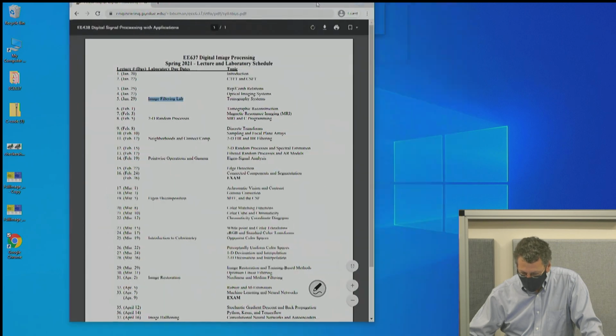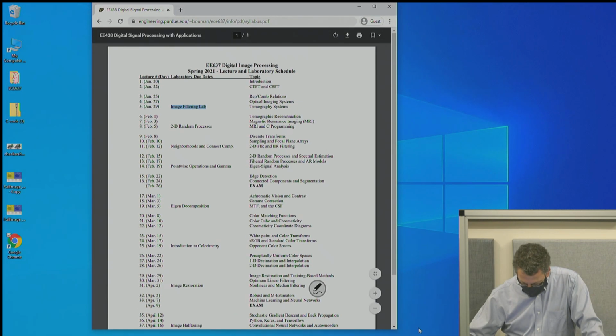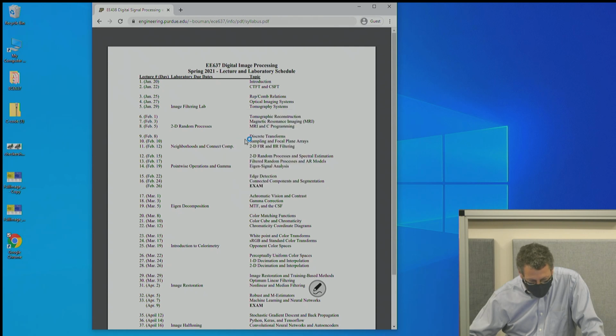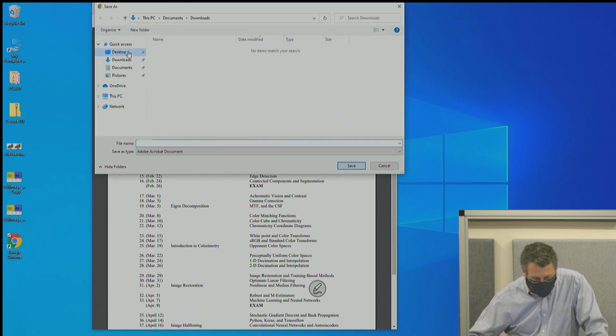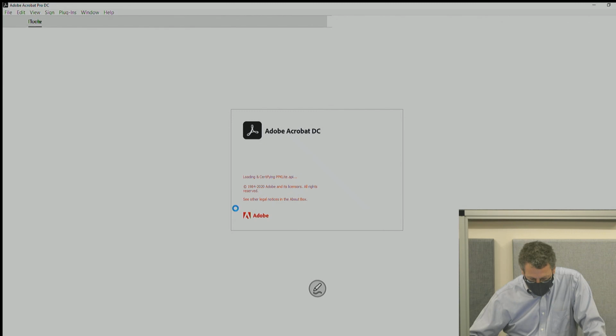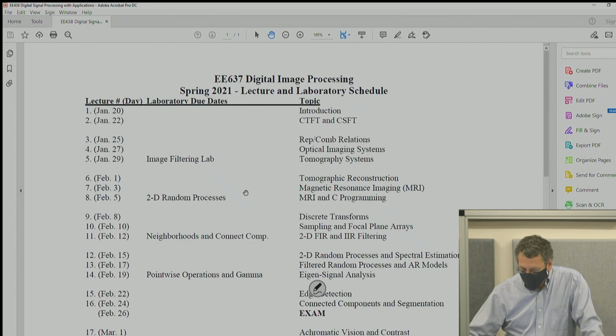How do I get this thing to make it bigger? So save as. Computer's a bit slow. Desktop. Save. So you need to follow this, okay?